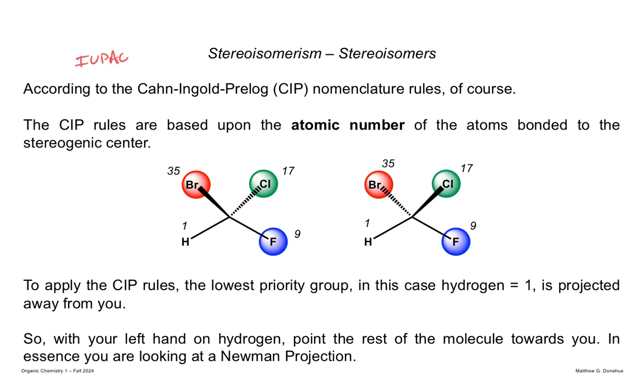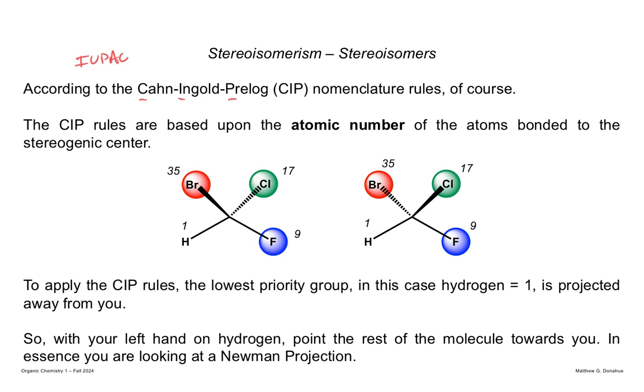And now this set of rules is abbreviated CIP, and that stands for Kahn, Ingold, and Prelog. And these were the absolute nerds of nomenclature that got together and figured out these rules. And the rules always work if you understand how they're based.